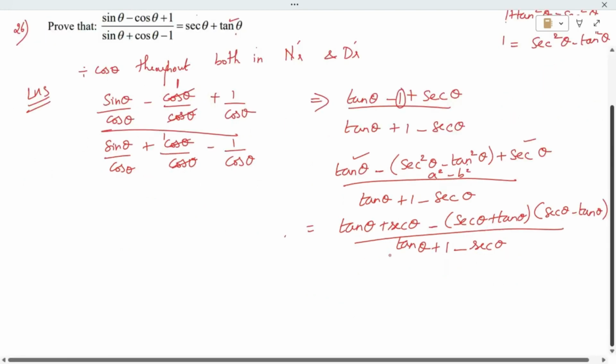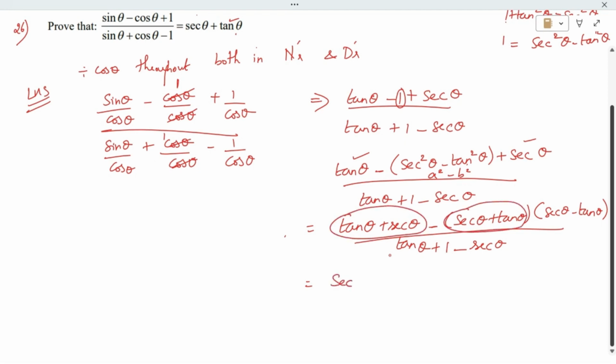Got it? If you take secant theta plus tan theta commonly out, in its place I can write 1, and minus the remaining, secant theta minus tan theta, by the denominator tan theta plus 1 minus secant theta.